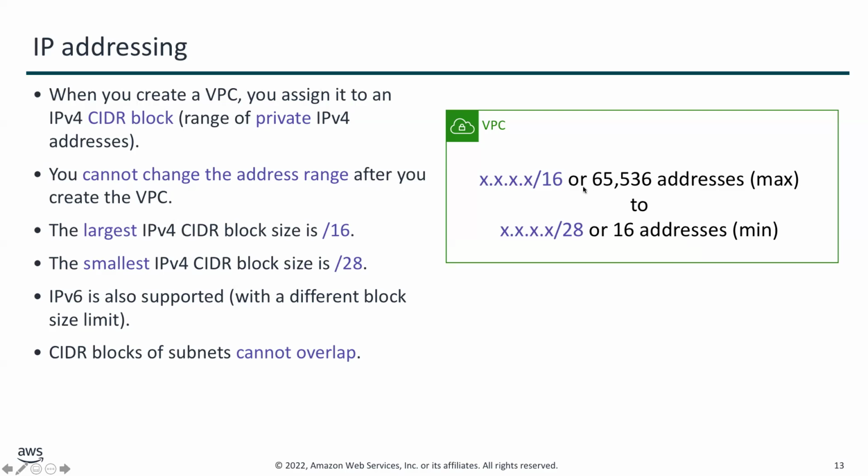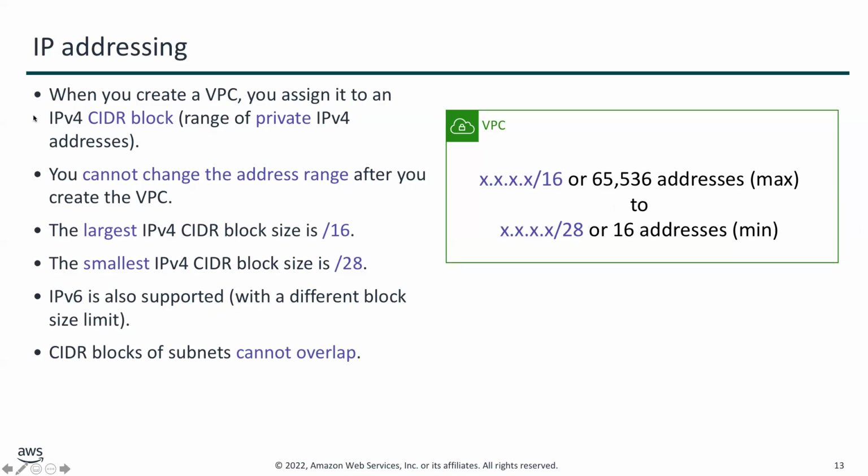In Amazon VPC, the minimum is /28 mask and 16 is the maximum. That's enough, to be honest. If you need more addresses, you can always create another VPC.